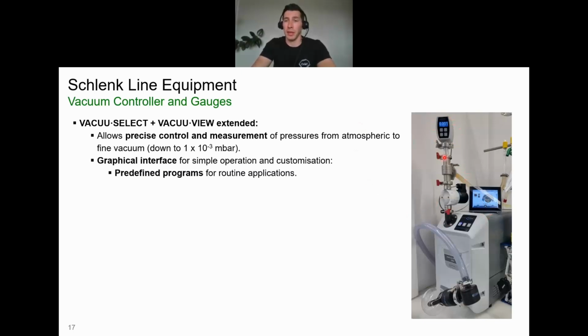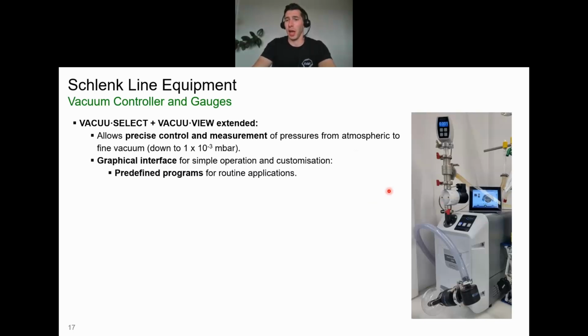The manometer shown here, the VacuView extended, has a very easy readout. Then we have this touchscreen monitor and control for the VacuSelect gauge, which allows predefined programs for routine applications and customization. You can have different programs for removing certain solvents. You can also limit the ultimate vacuum that you have within your system, which is potentially good for some training applications.